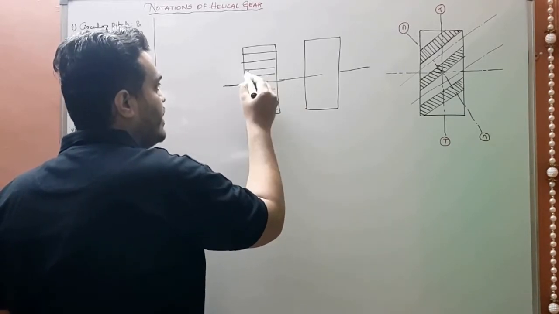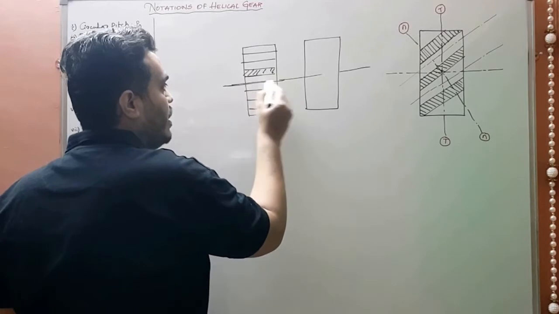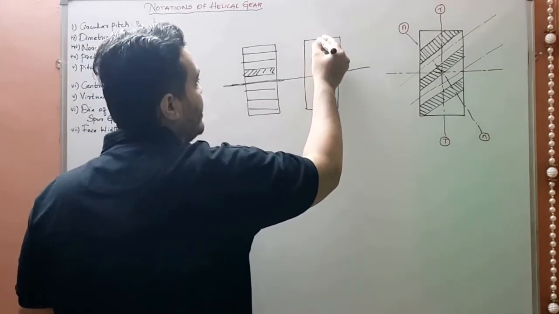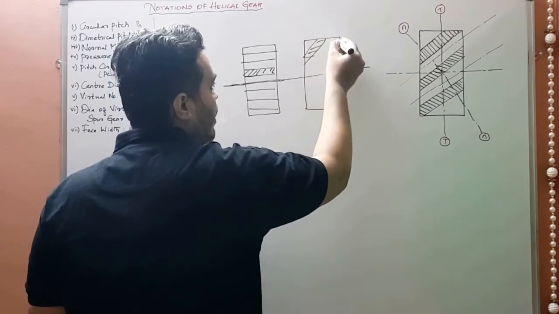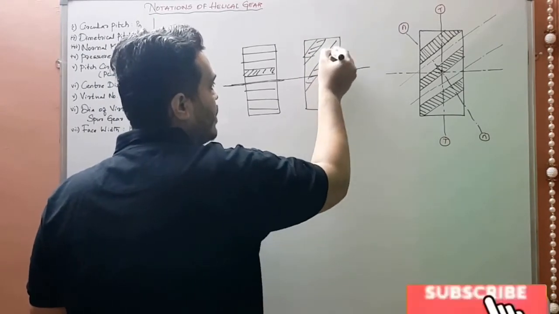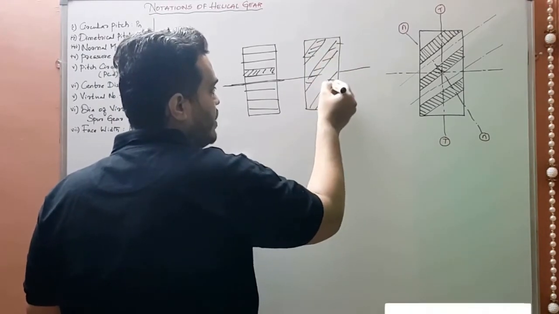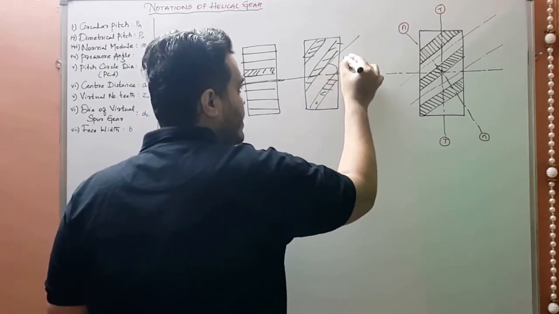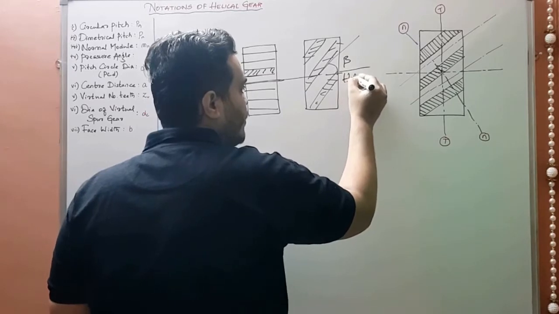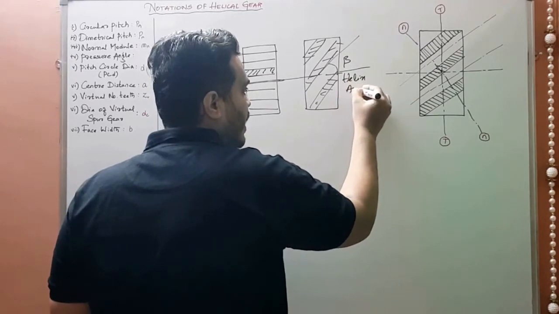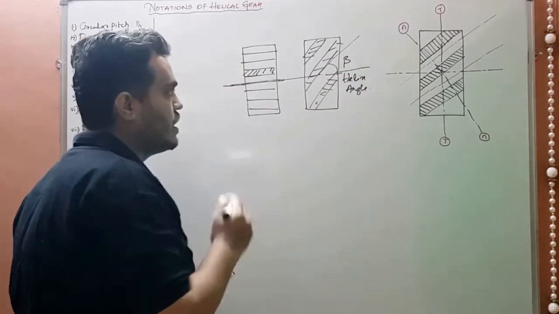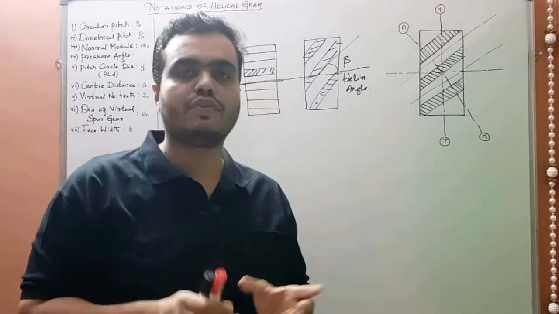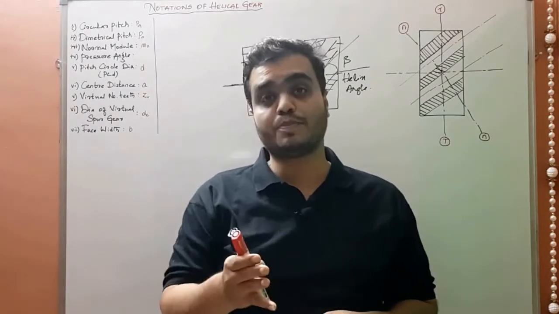When it comes to a helical gear, the teeth are inclined with respect to the axis of the shaft. This inclination we call the helix angle. Just keep it in mind. This is the one major difference between a helical gear and a spur gear.